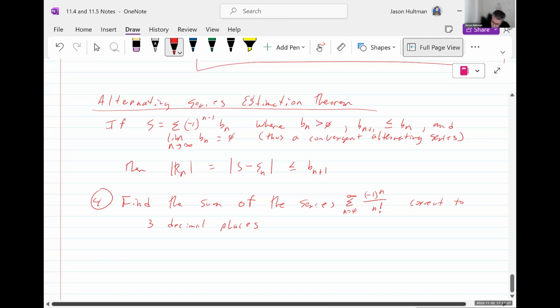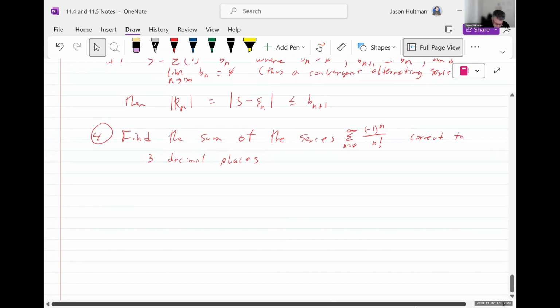Okay, so we need to find out which term is going to give me something that's less than 3 decimal places, smaller than the first 3 decimal places.